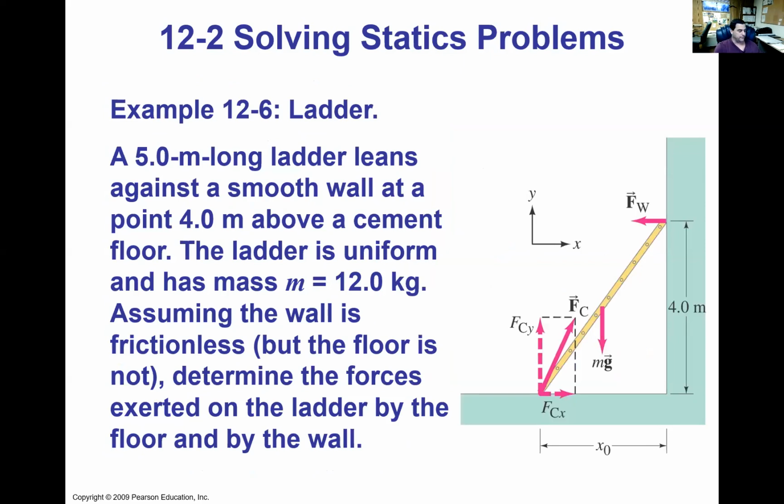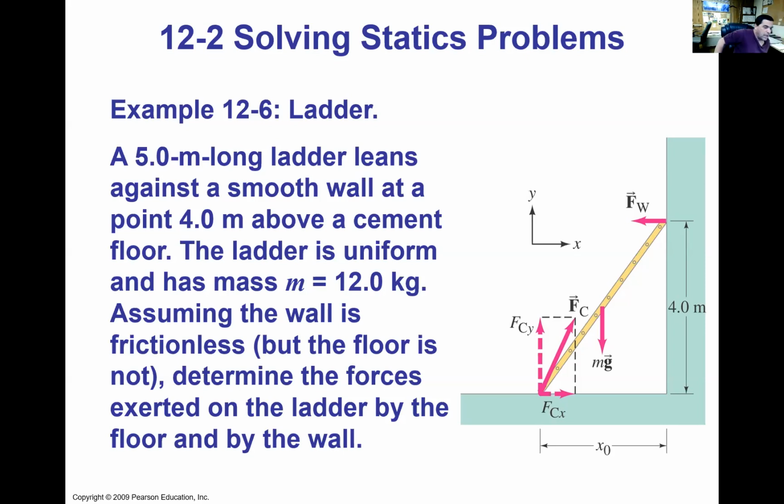Okay, the ladder. If you have a ladder resting up against the wall, the only reaction force that you have for the ladder at the wall is going to be the normal force straight out from the wall on the ladder, exactly like what you see here. It's not like a hinge where it's being held vertically.